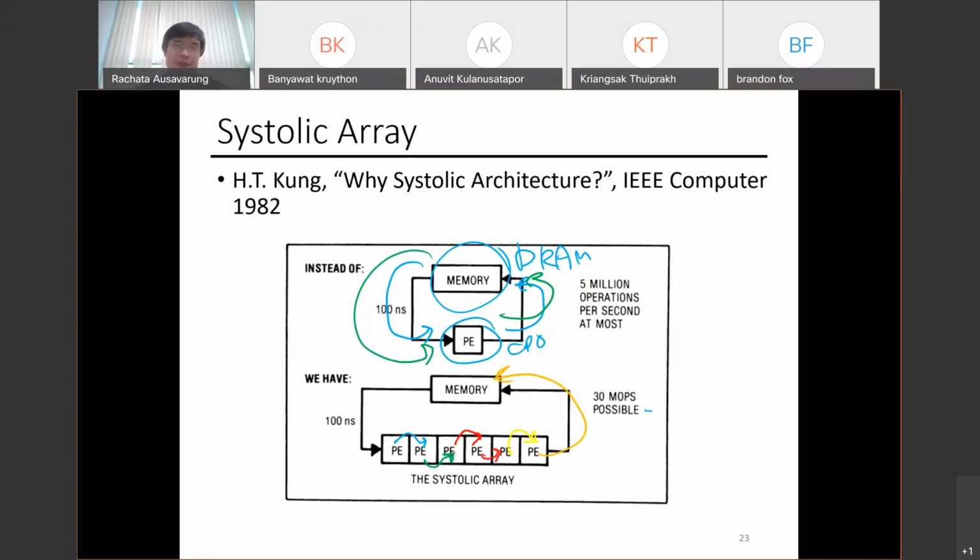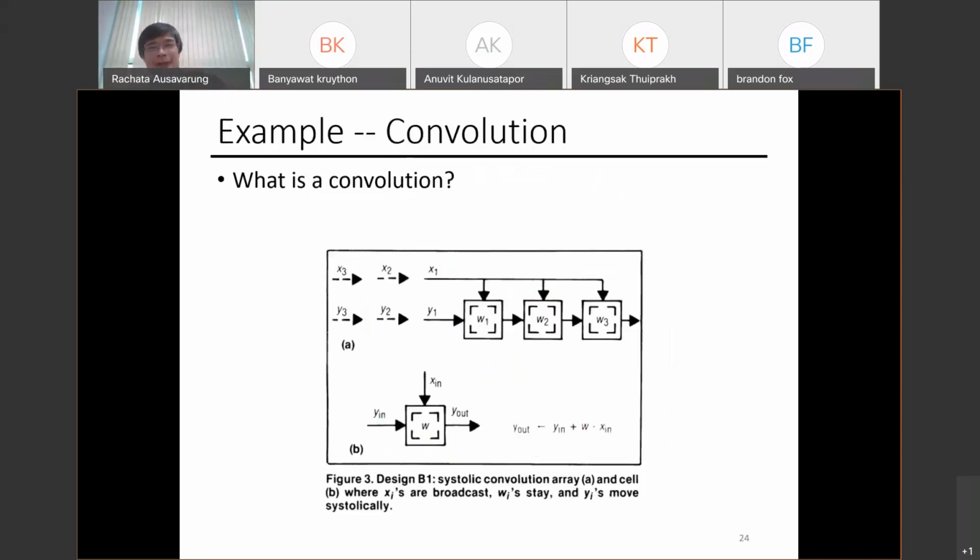What is the use of this? How many of you have done convolution through one of those CNNs before? Okay. Do you know what convolution is? Awesome.